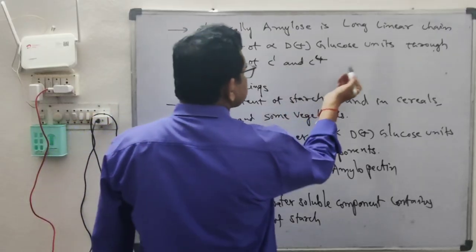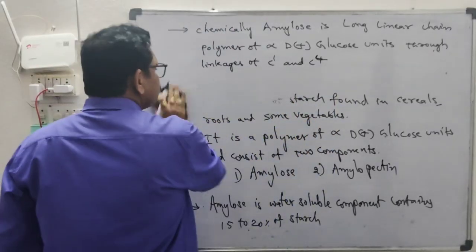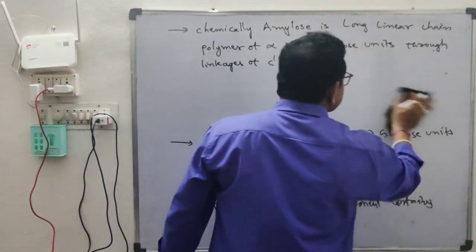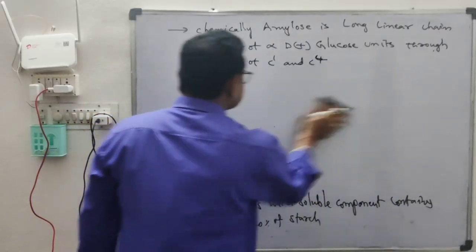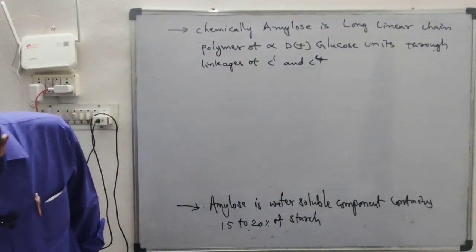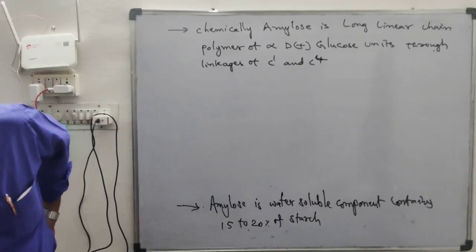Glycosidic linkage, no need to write. But here the figure is important. Amylose structure. Of course, it is a very simple thing, you know.